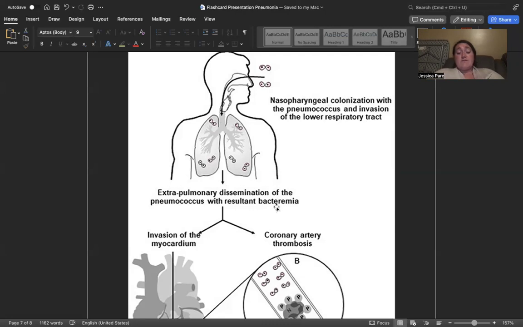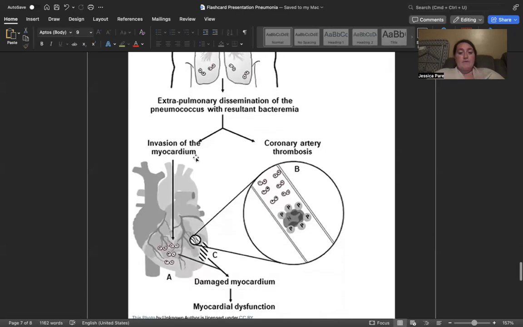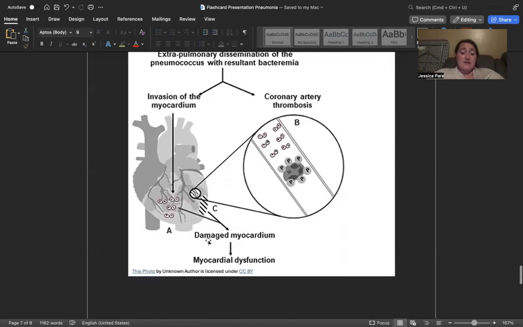This would be if it was a pneumonia that was caught too late and not treated quickly, leading to bacteremia, bacteria in the blood, and then it can invade the myocardium, as well as you can develop coronary artery thrombosis due to the bacteria damaging the myocardium, and then myocardial dysfunction.